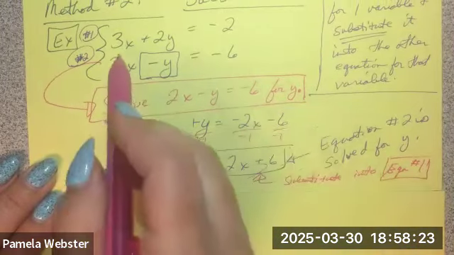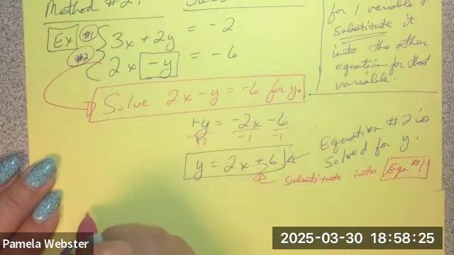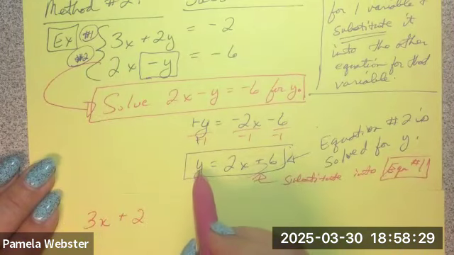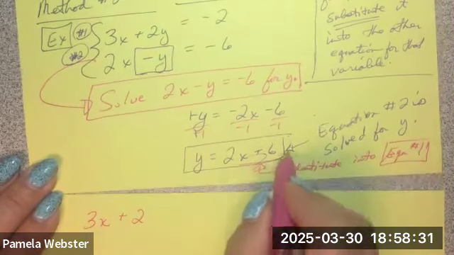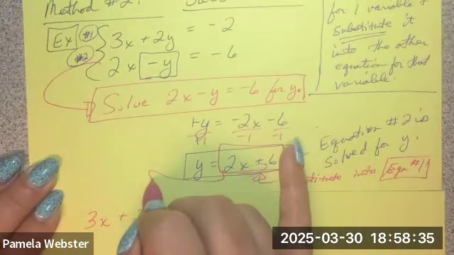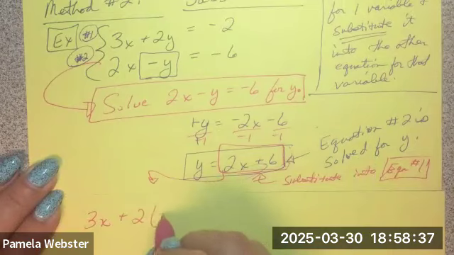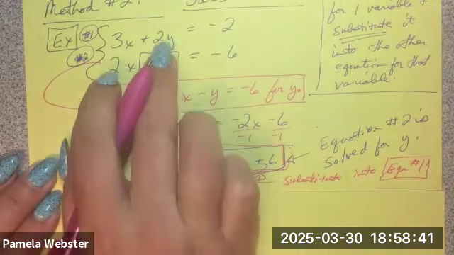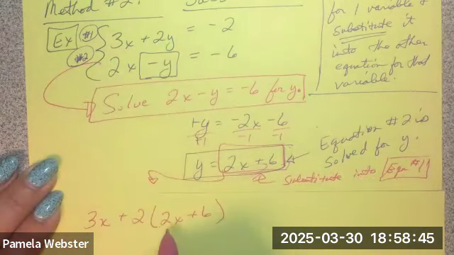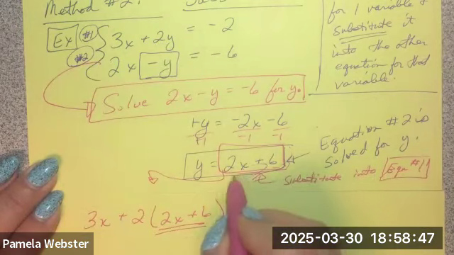Equation number 1. Here was equation number 1. It's 3x plus 2, but instead of writing y, I'm going to put all this stuff in. We're going to substitute right there: 2x plus 6. Instead of 2y, that's what equation number 1 says, I'm going to write 2 times all the stuff I just solved for y.